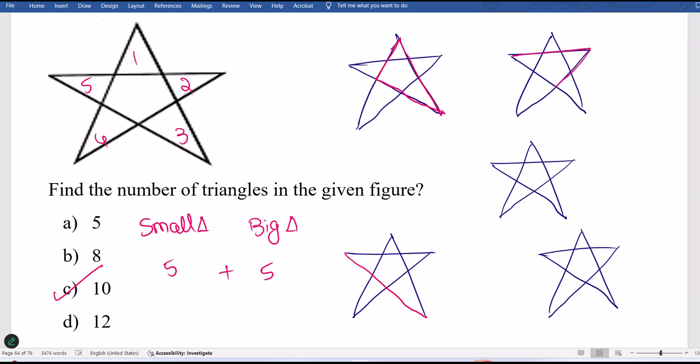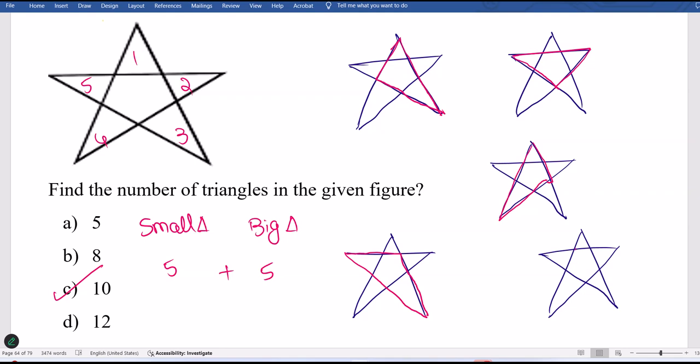You can see there is no overlapping. That is different, this is different, and this one also different. Third triangle. This is fourth triangle. You have a clear visualization. You see all these 4 are different. Is there anything left?